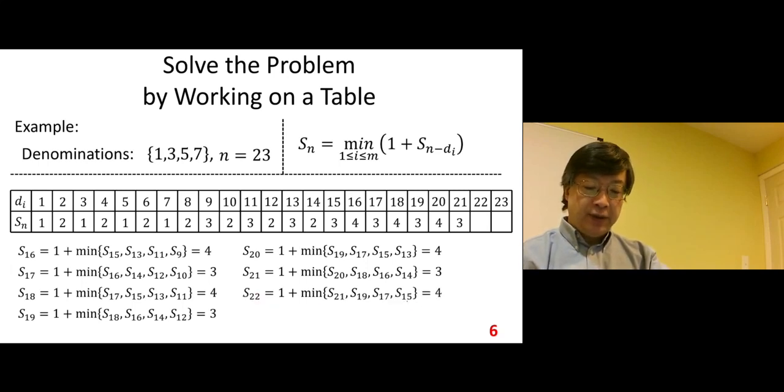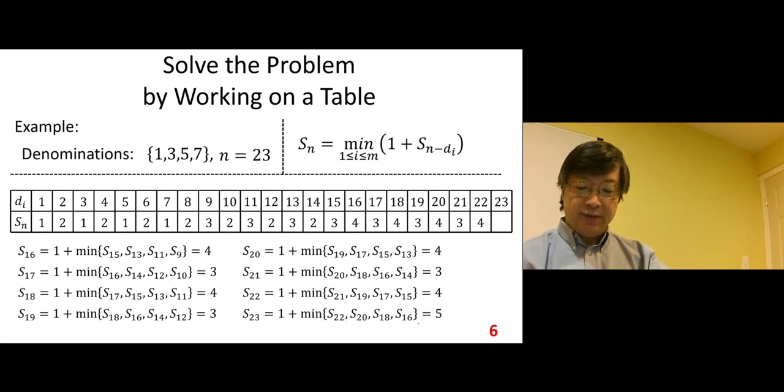For 22, we can only find a minimum of 3, so 4. The last one, the final answer, 23: from 22, that's 4.